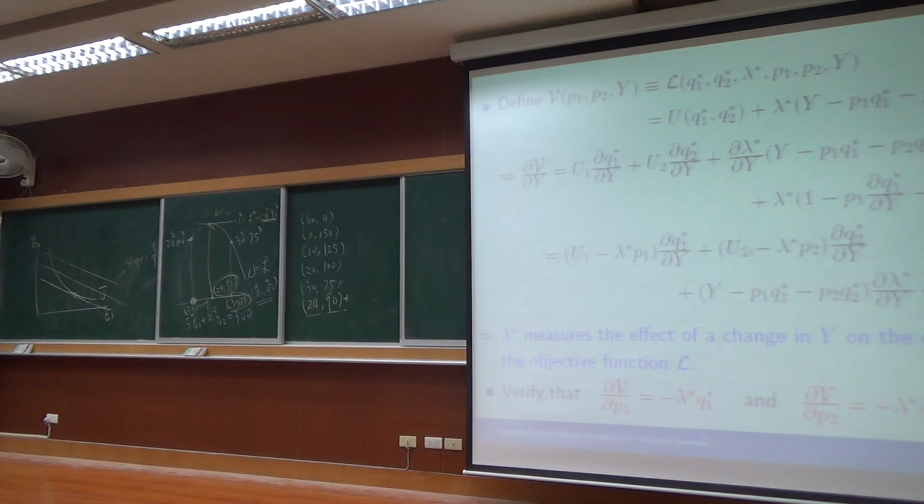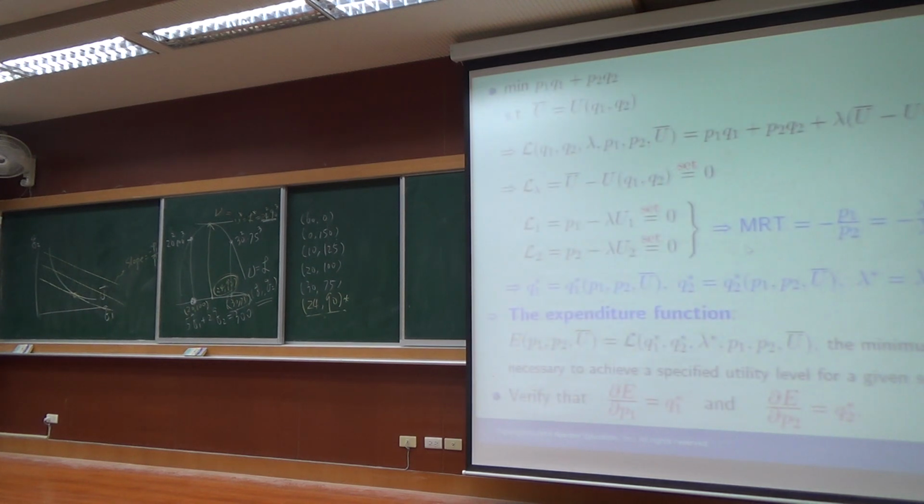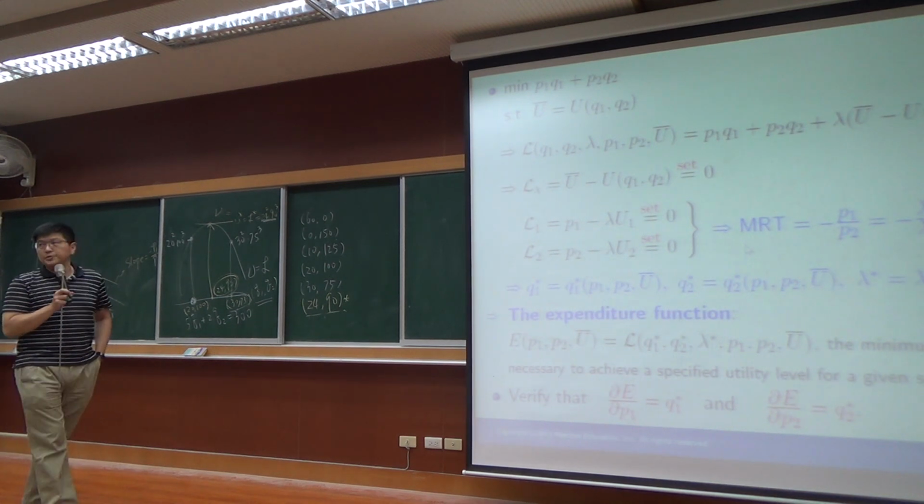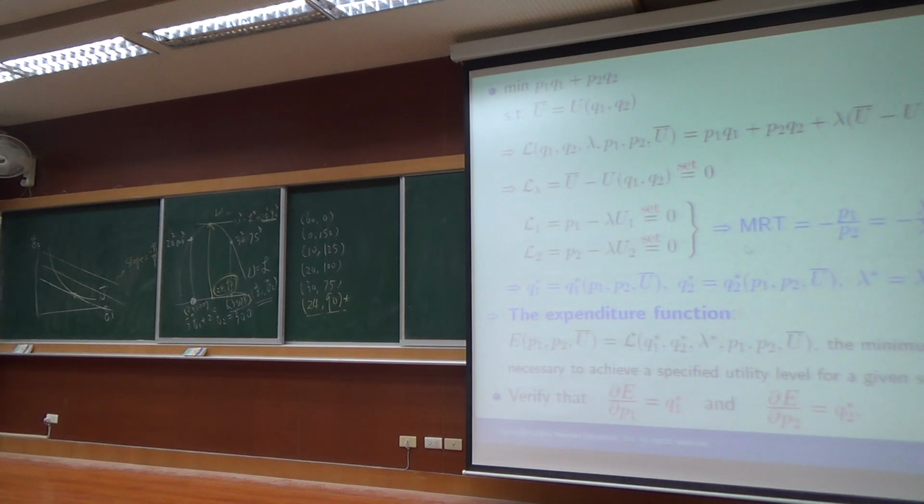All right, let's proceed to this slide. Now we want to talk about the expenditure minimization. Not this one. This one. So our issue is to minimize P1Q1 plus P2Q2, the total expenditure subject to a utility level constraint on U bar. Just like this. We have an indifference curve denoted by U bar.